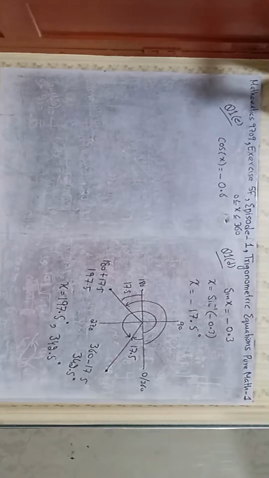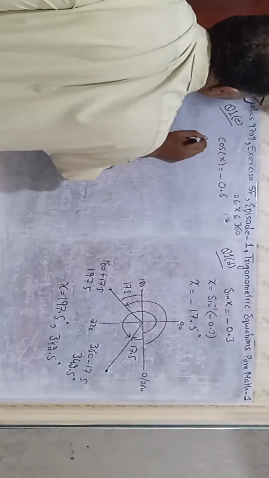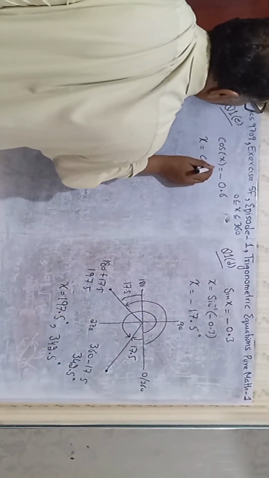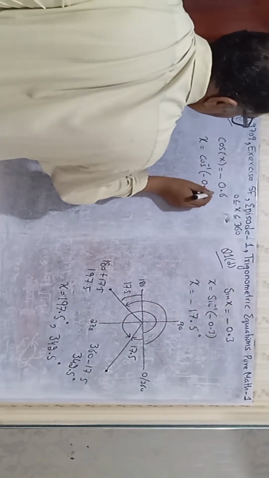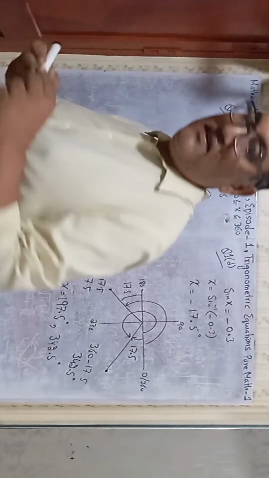So here we have cos of x equals minus 0.6. This is question number 1, its E part. Cos of x equals minus 0.6. So I will take x equals cos inverse of minus 0.6. Let's find this.